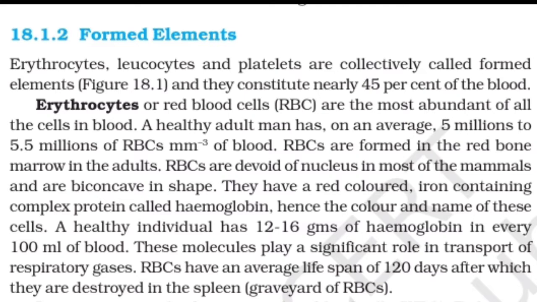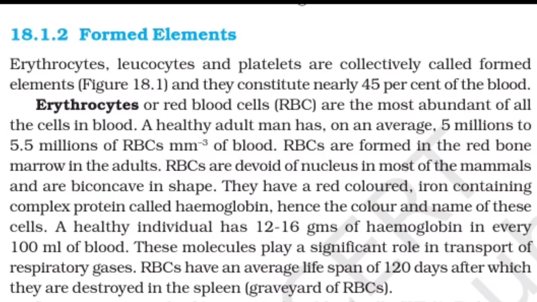18.1.2 Formed elements. Erythrocytes, leukocytes and platelets are collectively called formed elements (figure 18.1), and they constitute nearly 45% of the blood. Erythrocytes or red blood cells (RBC) are the most abundant of all the cells in blood.